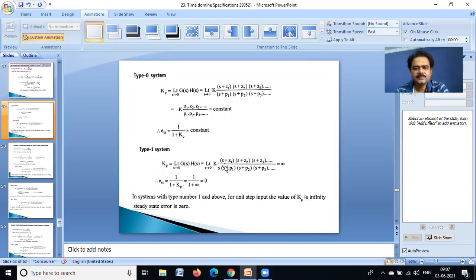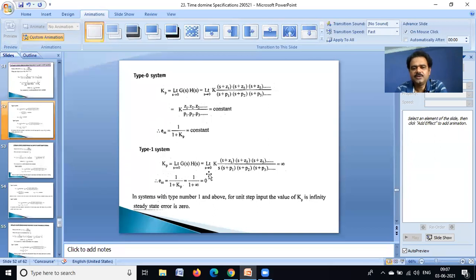If we substitute s equal to 0, the entire thing is constant, whereas because of this s in the denominator the value becomes infinity. Substituting infinity for Kp, you will get 0. A steady state error of 0 means there is no steady state error.